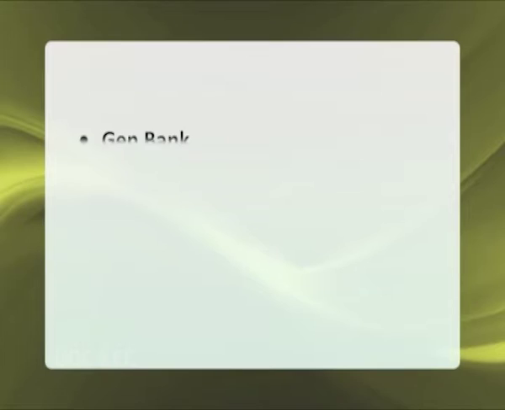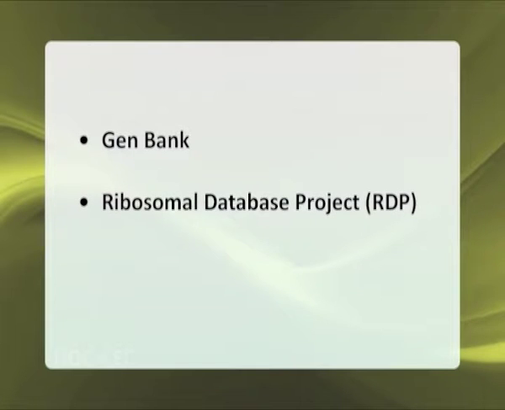The most widely used method to analyze PCR products amplified from a sample is to clone and then sequence the individual gene fragments. The obtained sequences are compared to the known sequences in a database such as GenBank, Ribosomal Database Project, RDP, and Greengenes.